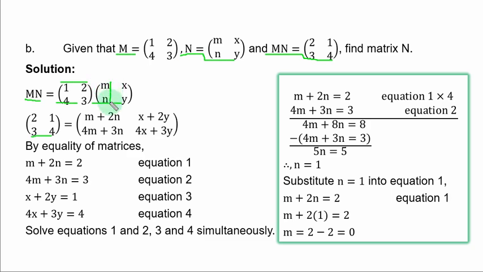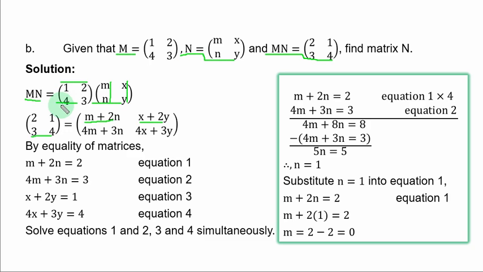That is 1 times m is m, plus 2 times n, you have 2n. That is what you have here. If you are done with that, the same first row multiplies the second column: 1 times s is s, 2 times y, you have 2y, you add them together.